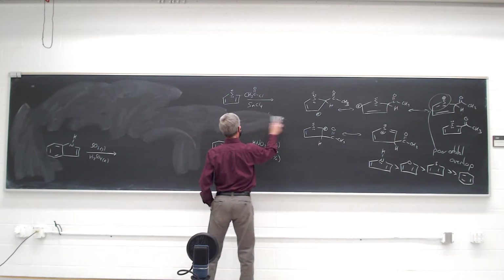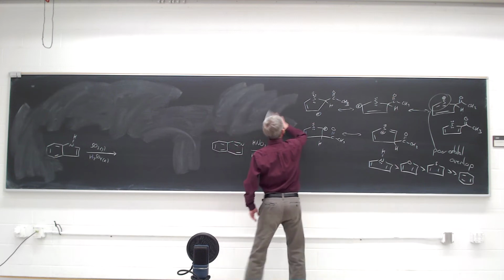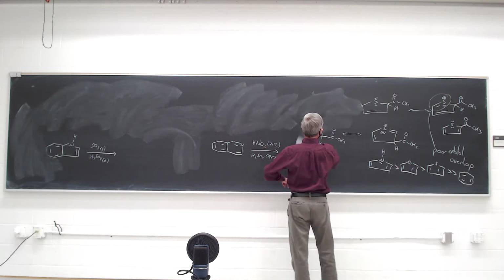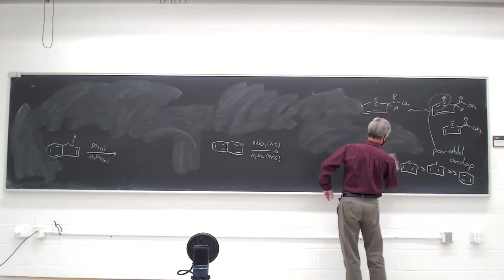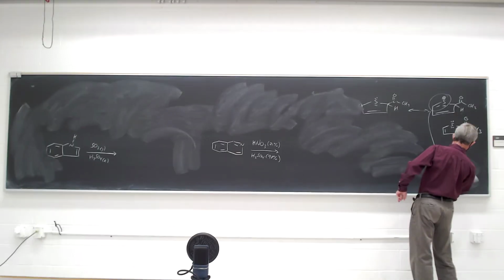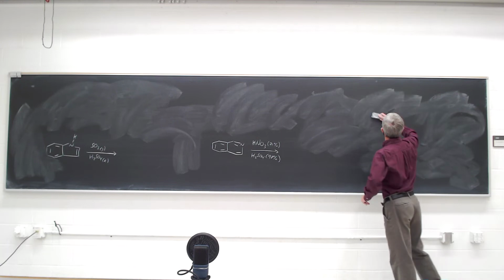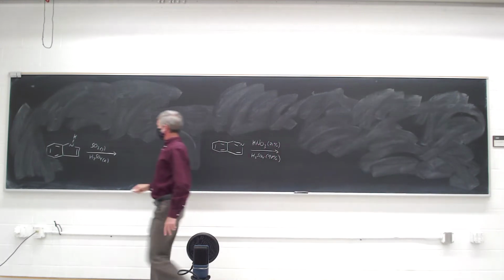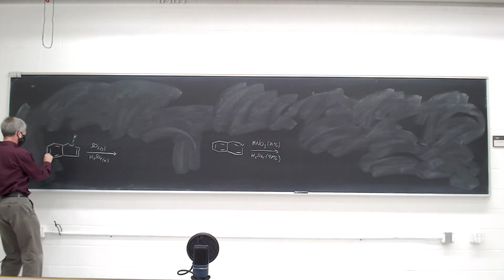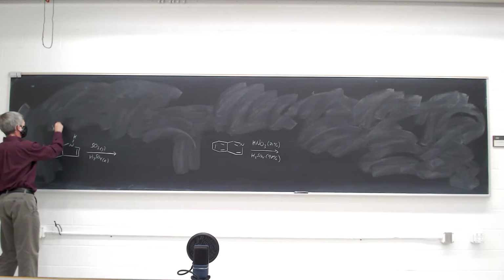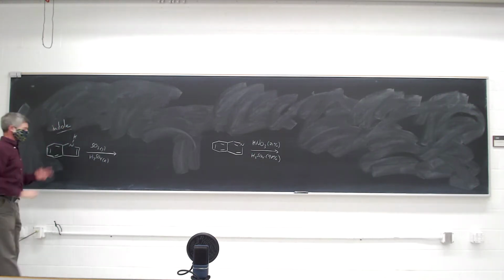So now we've got one that actually has a 5-membered heterocycle and a benzene ring in it. That ring system is referred to as the indole ring system.